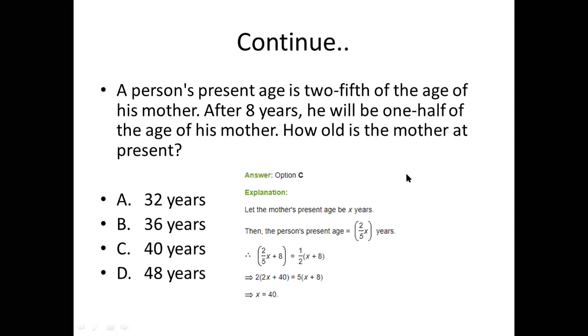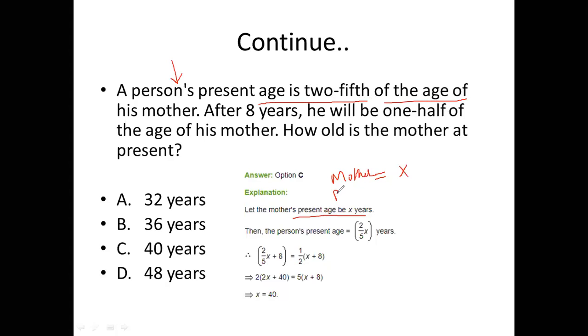Yes, okay. So we are assuming that from the statement, please read the statement again. Let the mother's present age be x, right? So mother's present age is x. And we are saying this person's present age is 2/5 of the age of his mother.